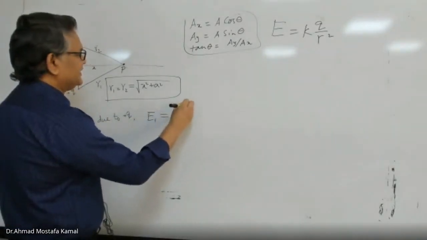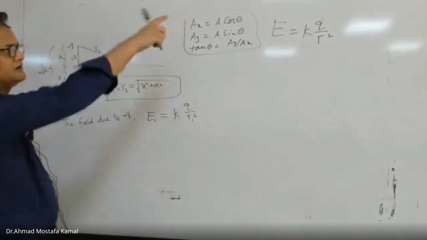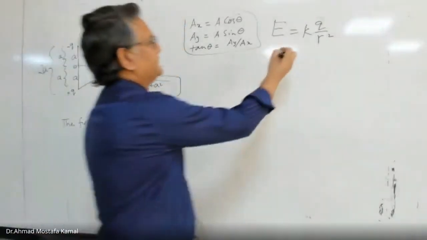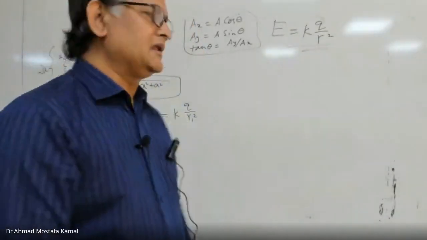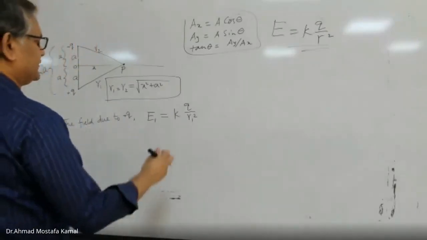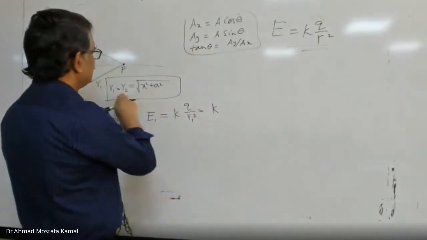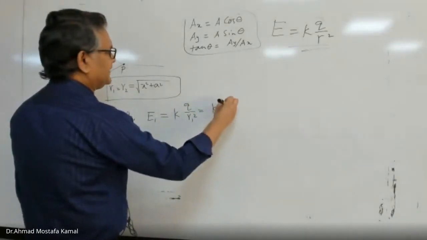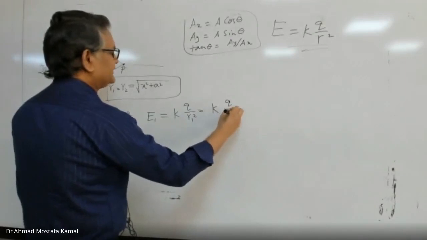This is equal to KQ by R1 square, according to the relationship we found in the last class. We know R1, therefore we can write that it is KQ by x square plus A square.